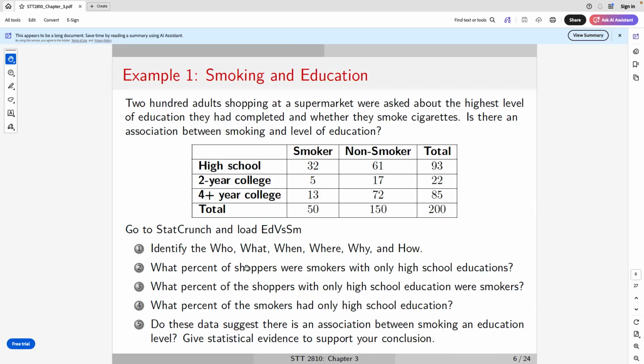Shoppers. How many shoppers do we have in total? 200, right? Do we all agree to that? That is our denominator. And then how many of them were smokers with only high school education? 32. So the answer is going to be 32 divided by 200. Is that okay?